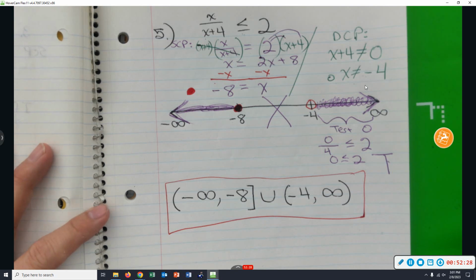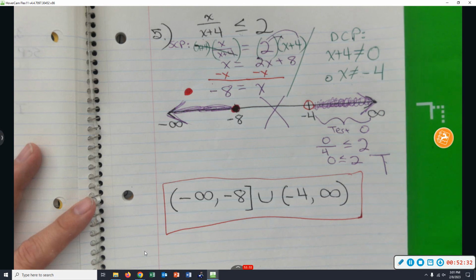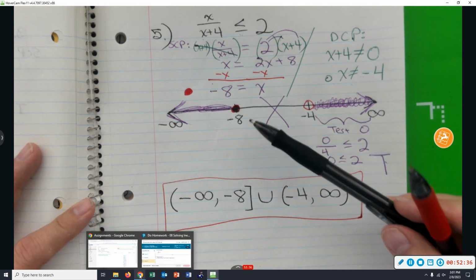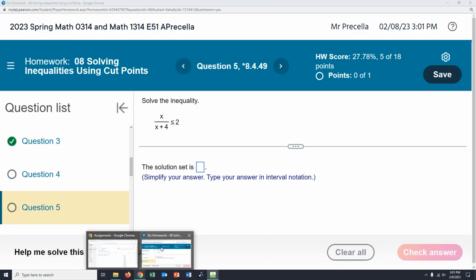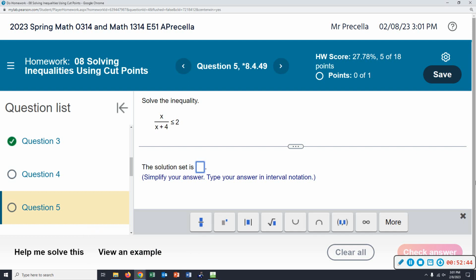Any questions there? Where is it equal? Where is it undefined? Label the numbers on a number line. Test the inequality. Test one interval. And interval notation.